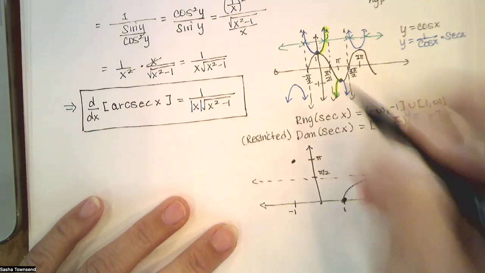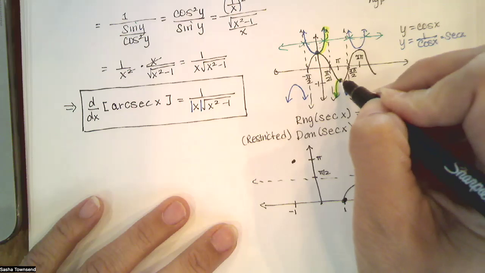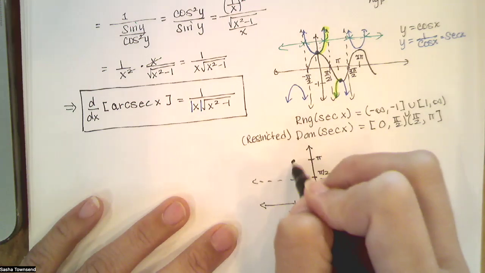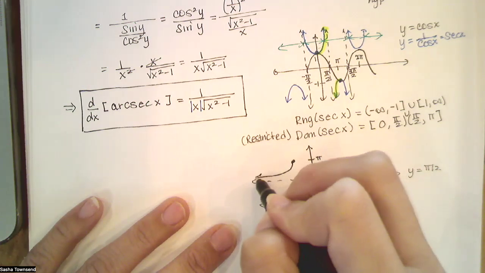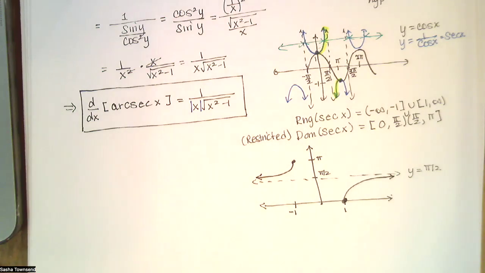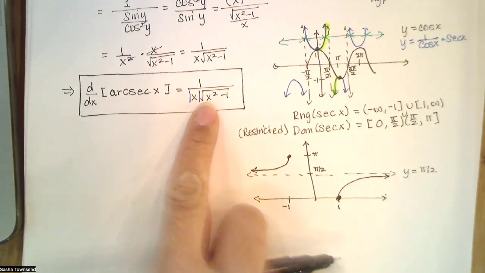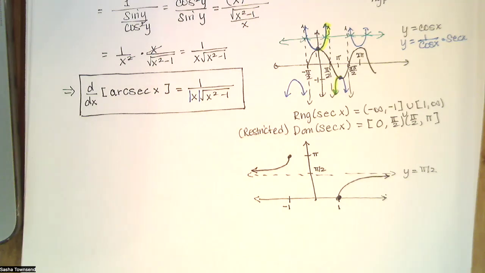So we're right here. And then as we approach the asymptote at pi over 2, that branch approaches it as well. So it looks like this. And then the claim is that this function is the derivative of this function.